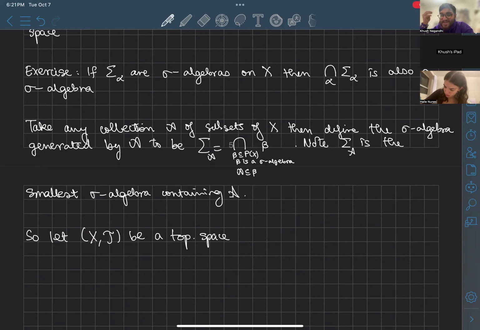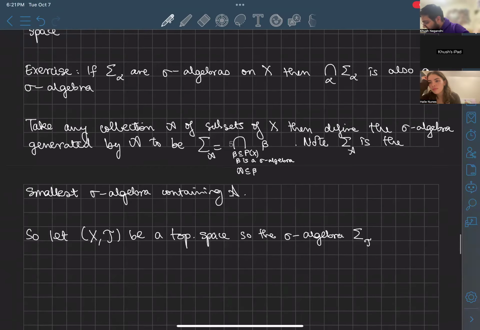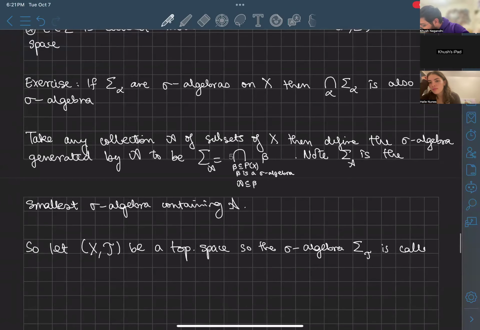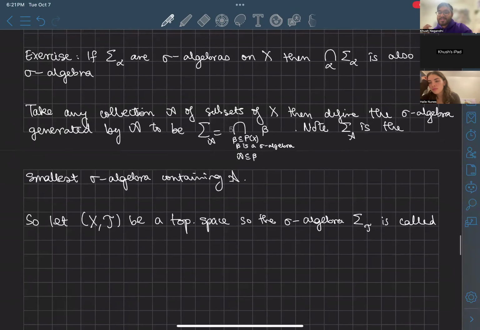So we want to be able to measure the open sets in X. So the sigma algebra sigma T, right, is so important that it has its own name. It's called the Borel sigma algebra.